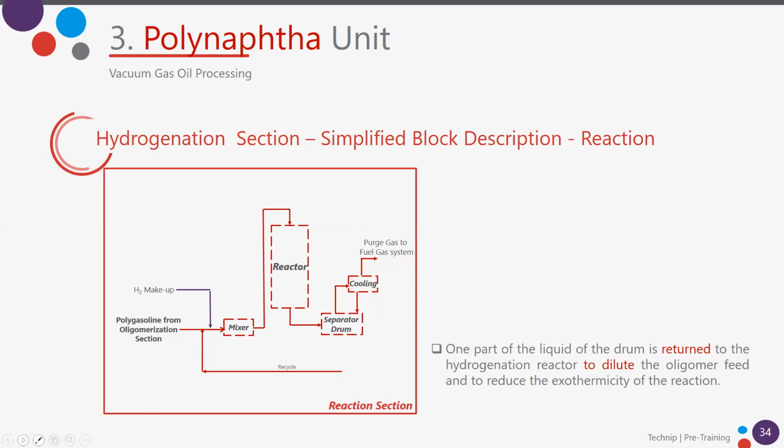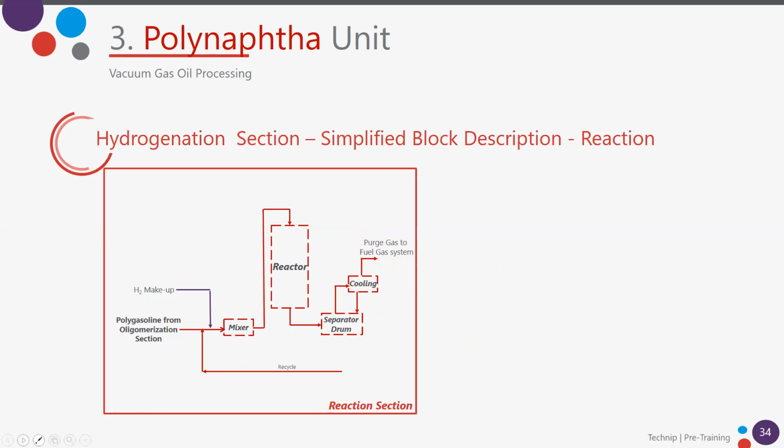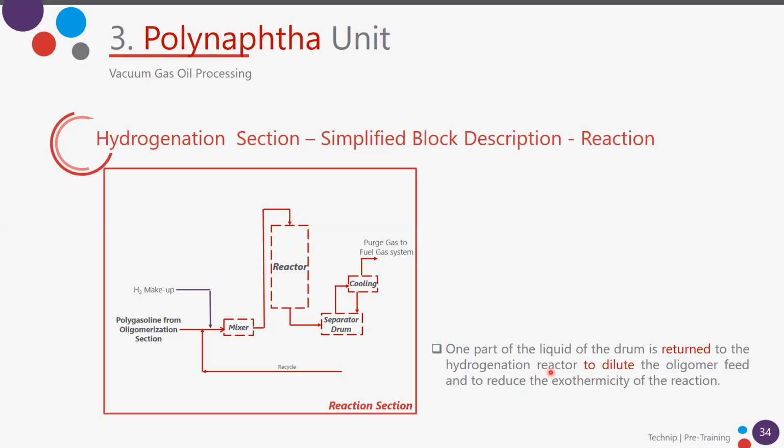One part of the liquid of the drum is returned to the hydrogenation reactor to dilute the oligomer feed and to reduce the exothermicity of the reaction. Remember the recycle that we saw during the oligomerization reaction from the debutanizer.